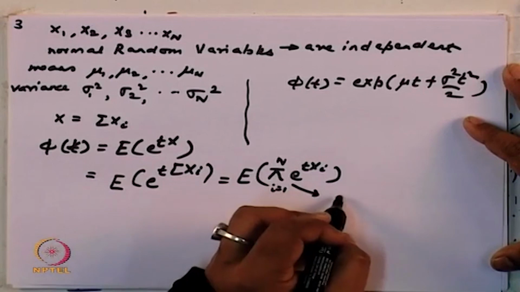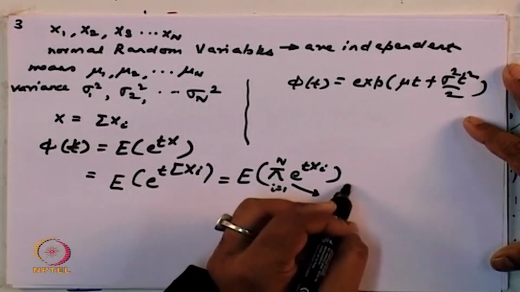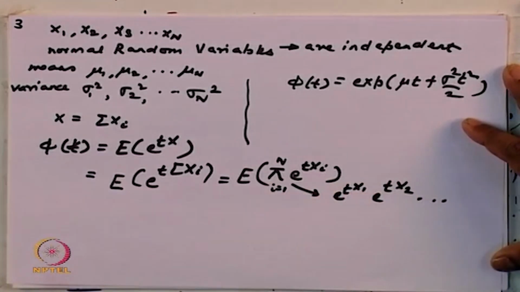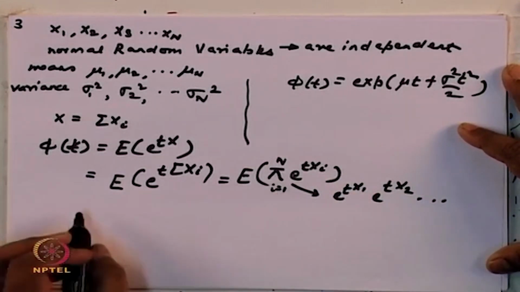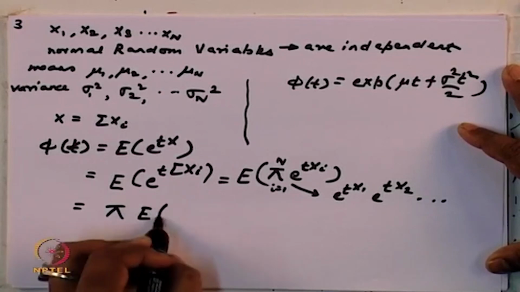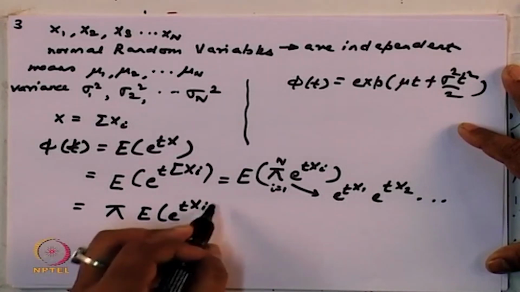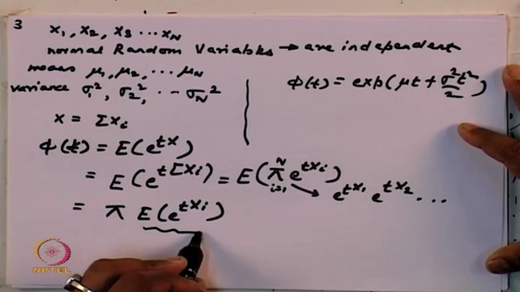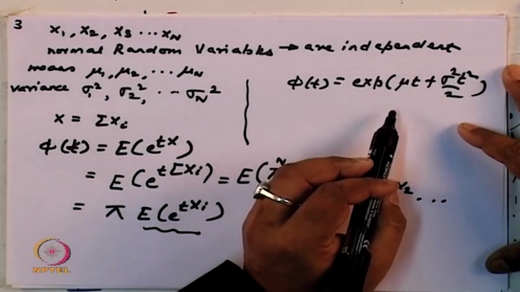So, pi is nothing but the product, that is, e to the power t x1, e to the power t x2, and so on. I can take this product out and write it as the product over i of the expectation of e to the power t xi. For this I know that phi of t gives you this expression.